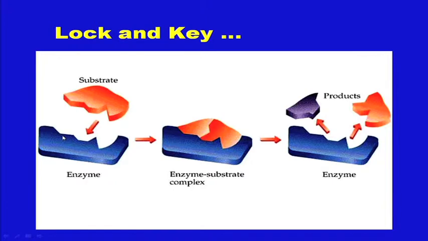So, when the substrate binds to the enzyme, it produces the enzyme substrate complex at first. You see that these groups are not seen separately now; it is just an overall combined thing. Then with time, this enzyme substrate complex does a further reaction to give you the enzyme back, and now the products are separated.